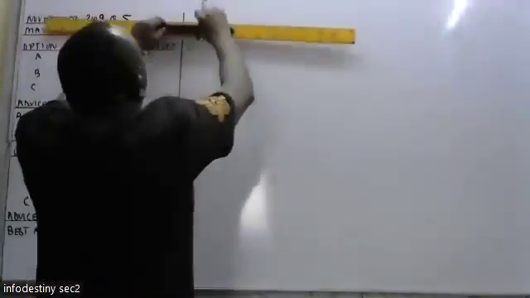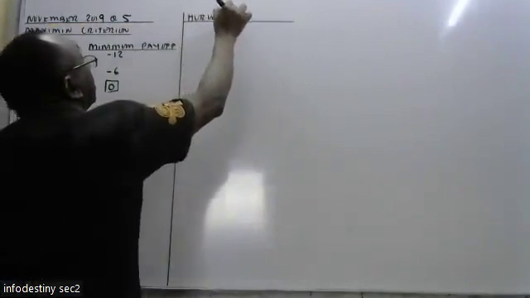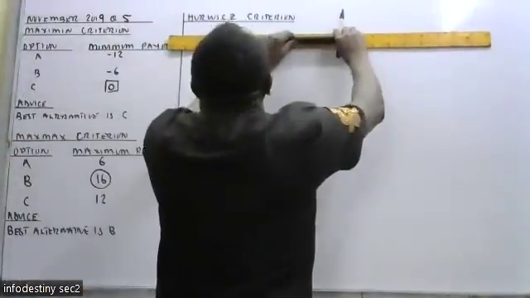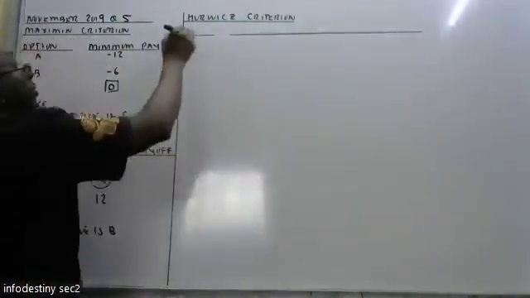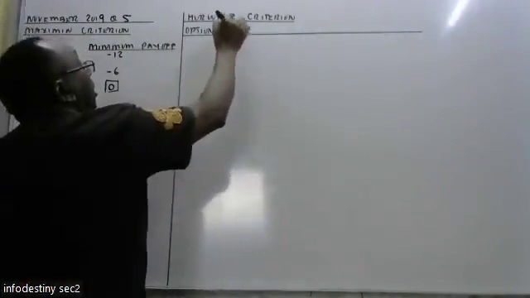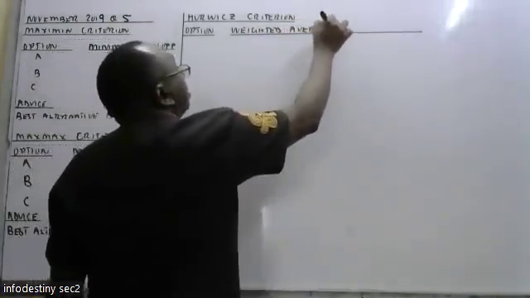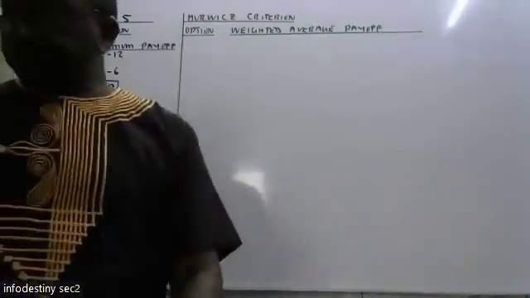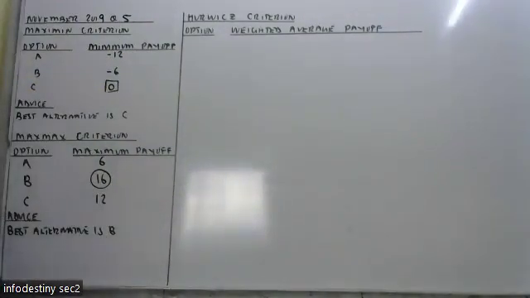So the next is the Hurwicz criterion. In the Hurwicz criterion, we have the option here, and then we compute what is known as the weighted average payoff.